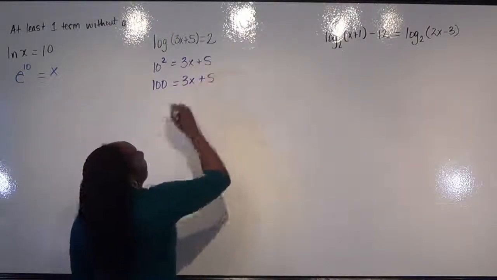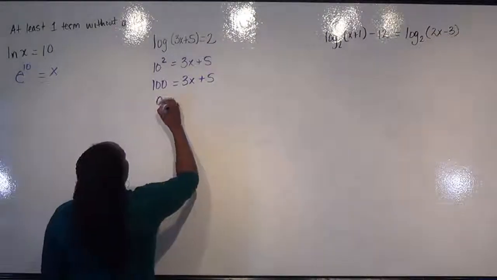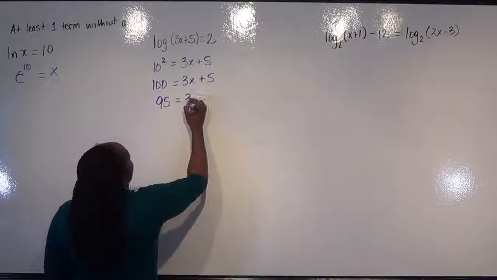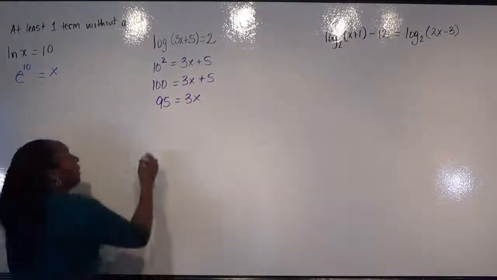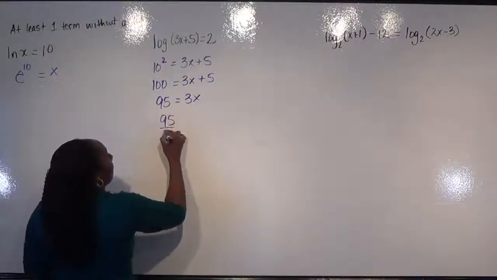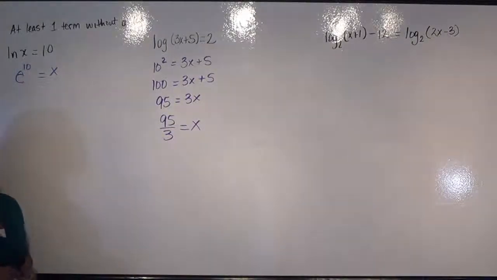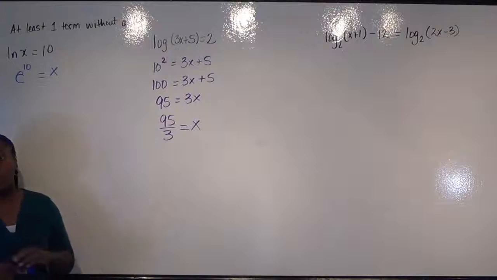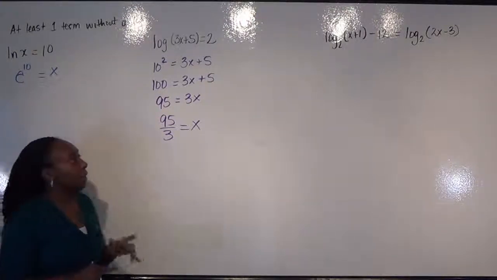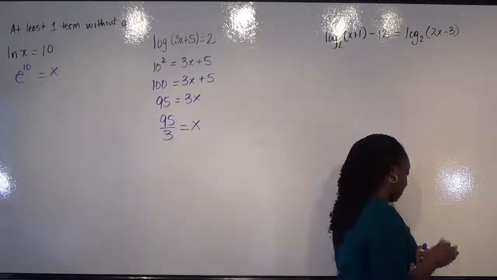Now we're just looking at a linear equation that we need to solve. So we'll subtract the 5. Go ahead and divide out by 3. And again, in both cases, you should check and make sure that your value makes your argument positive. In this case, and in the last, it does. So that's it. There's our solution.